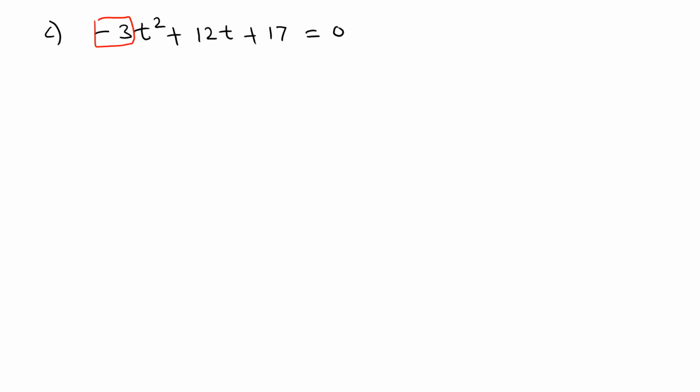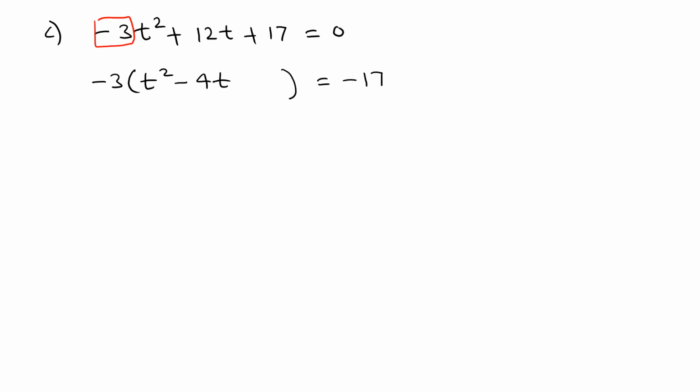So what we're going to do, we're going to factor that out. So that means t squared. Factor out means you divide the terms by that. So you divide by negative 3, so you're going to get that. And if you divide 12 by negative 3, you're going to get negative 4t. And then what we do, we leave a space here, and then we move the constant term to the other side.